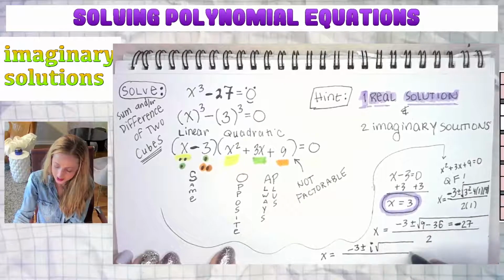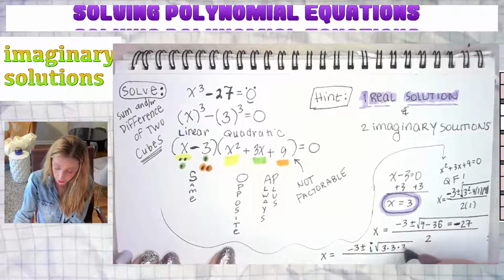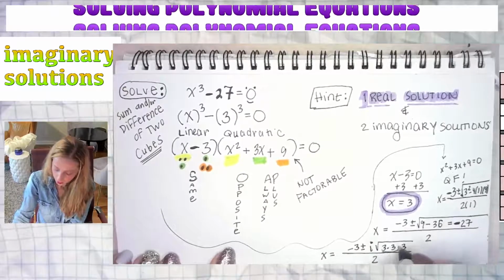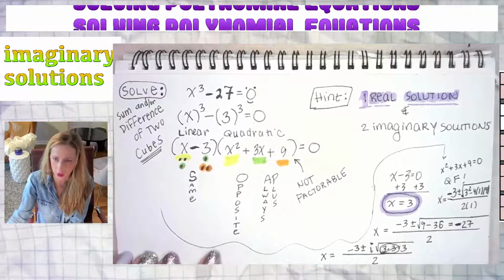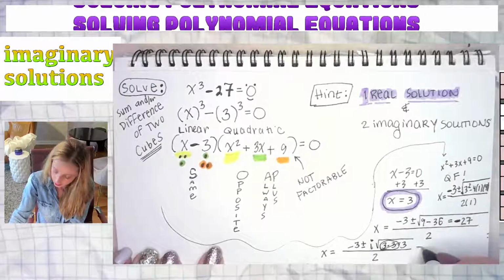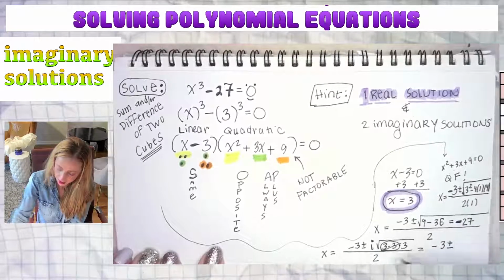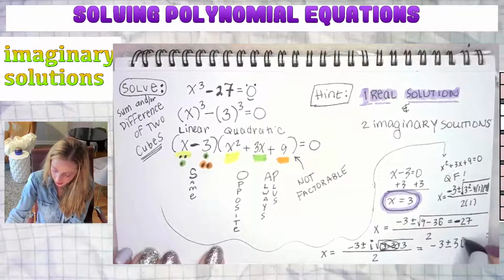So i square root 27. But 27, I just told you, is 3 times 3 times 3. I mean, it's 3 cubed, right? Over 2. 2 times 1. A pair makes a square, so that 3 times 3 can come on out of the square root. And our final answer will be negative 3 plus minus, that 3 comes out because it's a pair of 3's, so it's 3i.